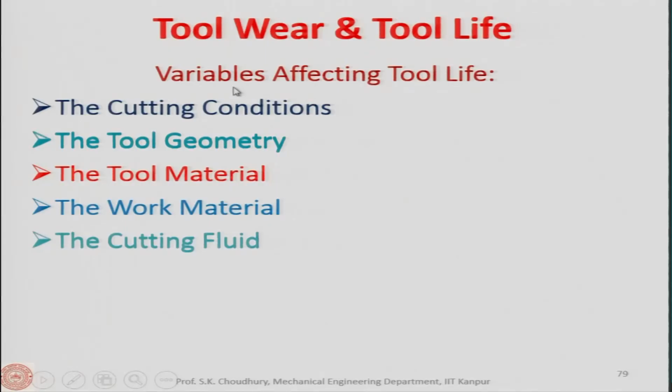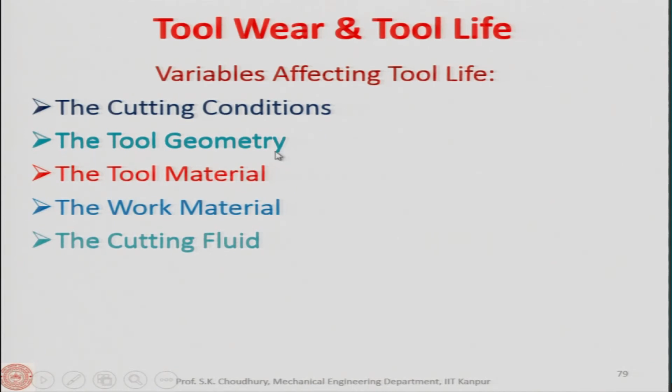Now, let us see next what are the variables that affect the tool life. So, basically there are 5 factors which will affect the tool life, that is cutting conditions, which we have already discussed, that is the cutting speed, feed and the depth of cut. Next variable is the tool geometry.